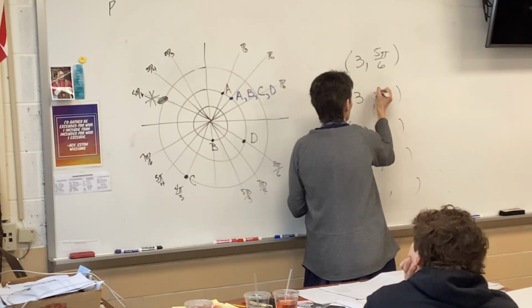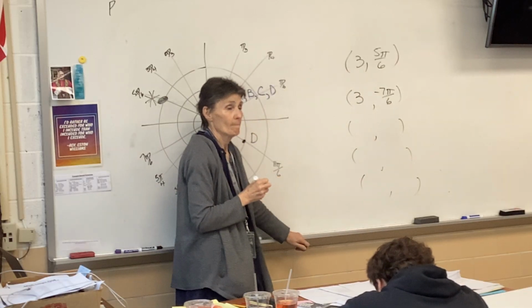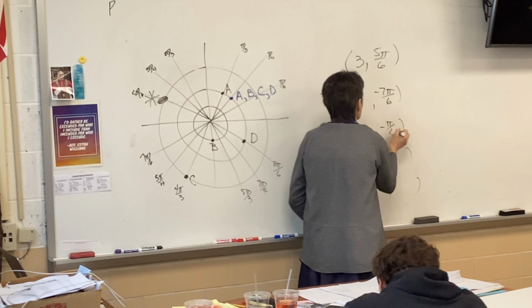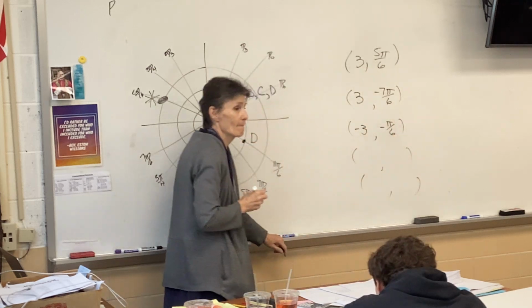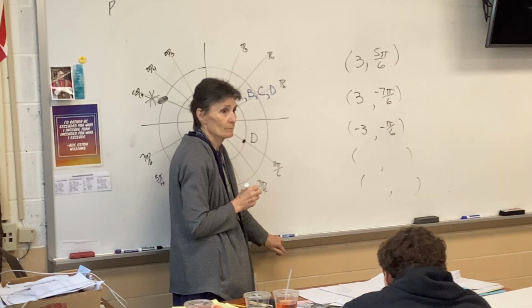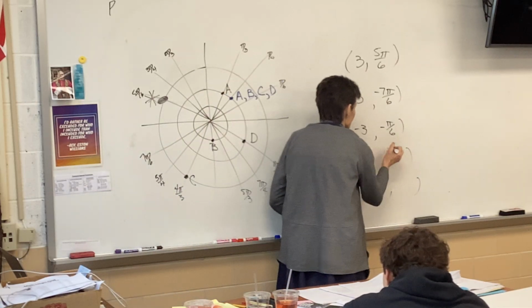So 3 comma negative 7 pi over 6. Negative 3, negative pi over 6. Let's get one more. Negative 3, 7 pi over 6.